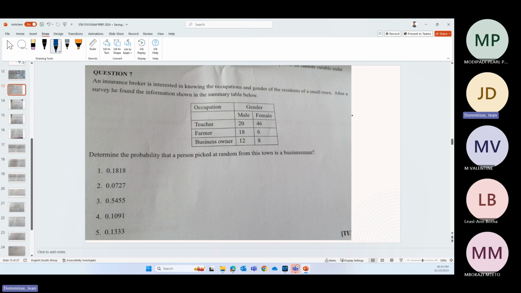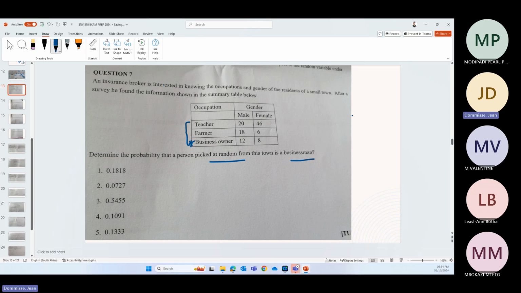An insurance broker is interested in knowing the occupations and gender of the residents of a small town. After a survey, he found the information shown in the summary table. Okay, so here we have 3 occupations, 2 genders. So then they ask us, determine the probability that a person picked at random from this town is a business owner, I assume.